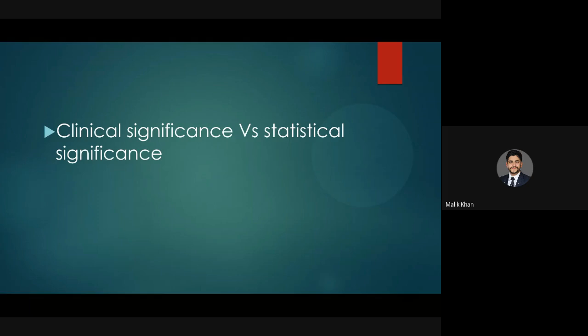So 5%, I'm willing to accept that. 95% of the time, the lung cancer happening should be because of smoking. It shouldn't be by chance alone, right? So write it down: my alpha, the significance level, is 0.05 for my study, 5%.